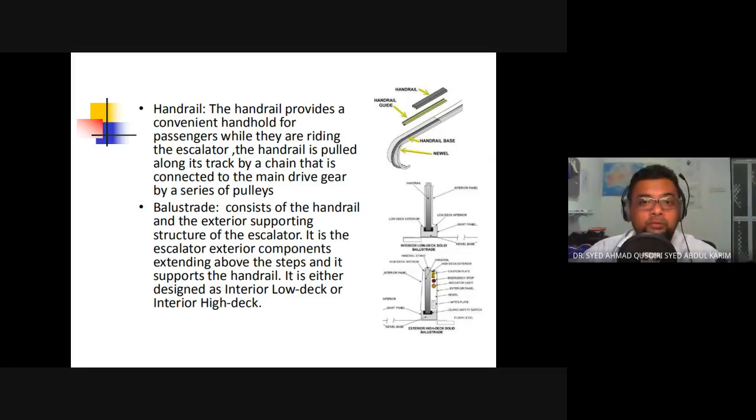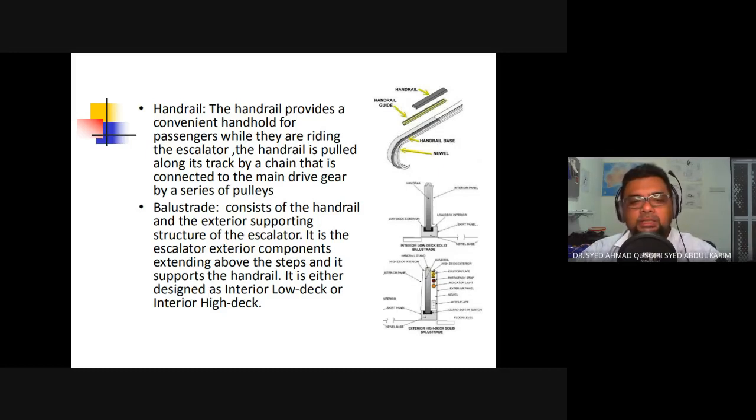So this is the purpose of the moving handrail. The handrail must be moving at the same rate as the steps itself.